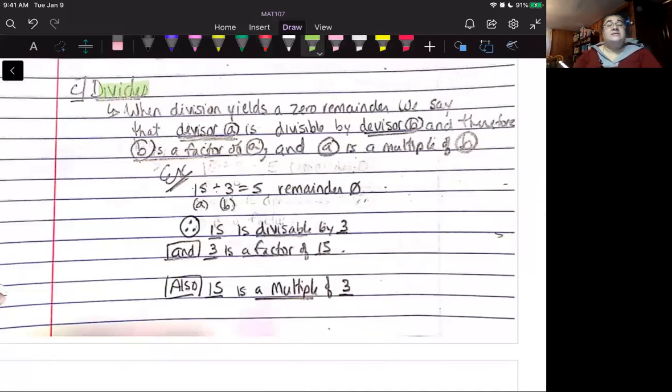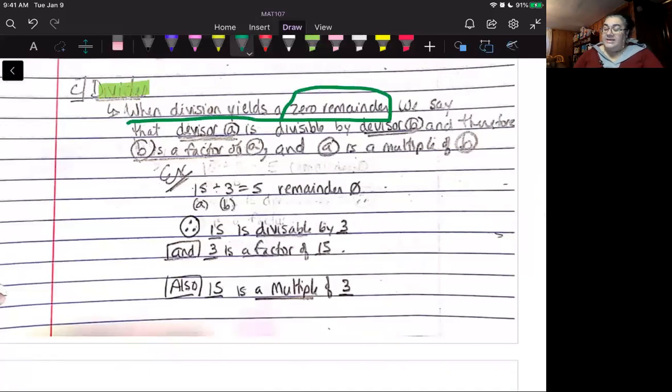When we say divides in math, what we mean is that when we do a division of a particular number, it yields what's called a zero remainder, or sometimes you hear it spoken of as divides evenly into.